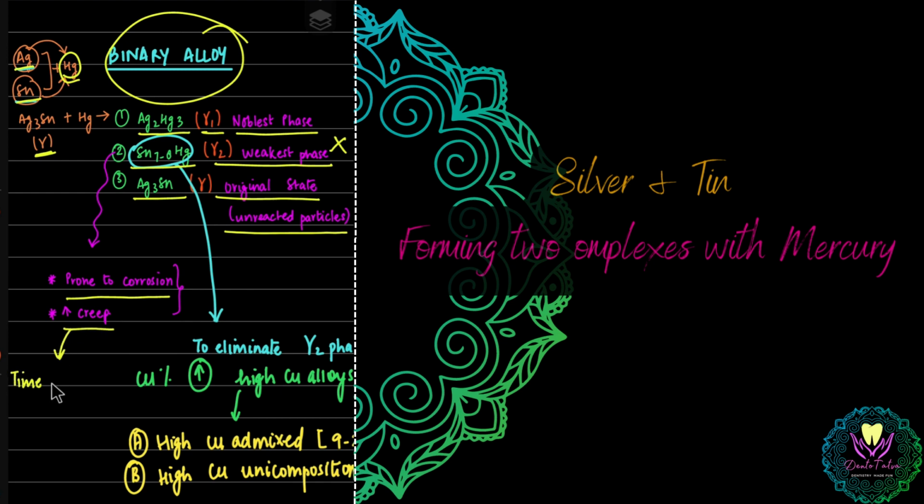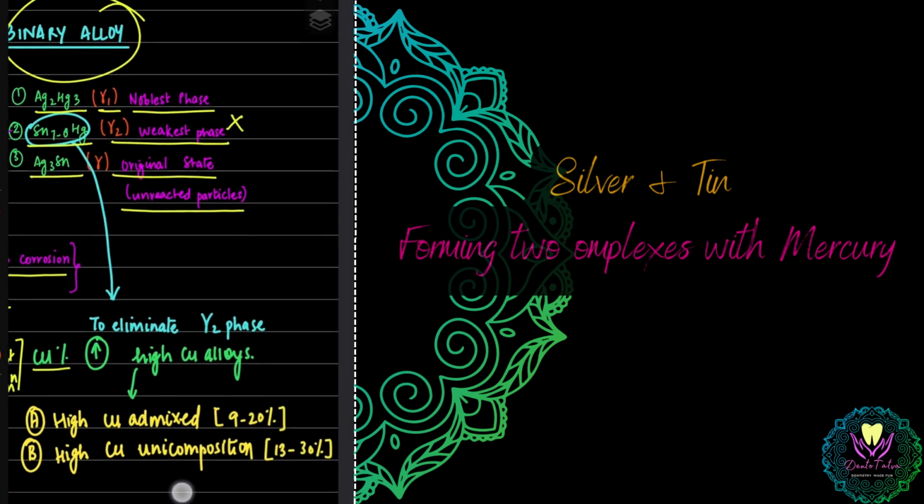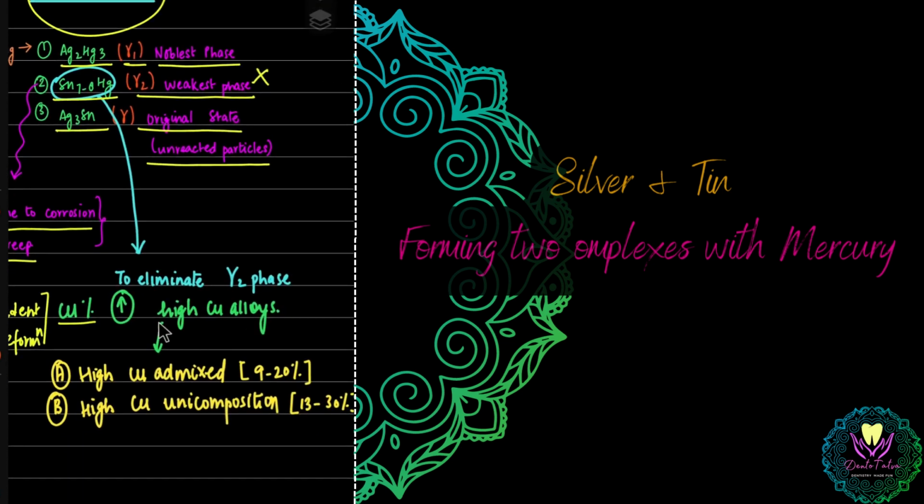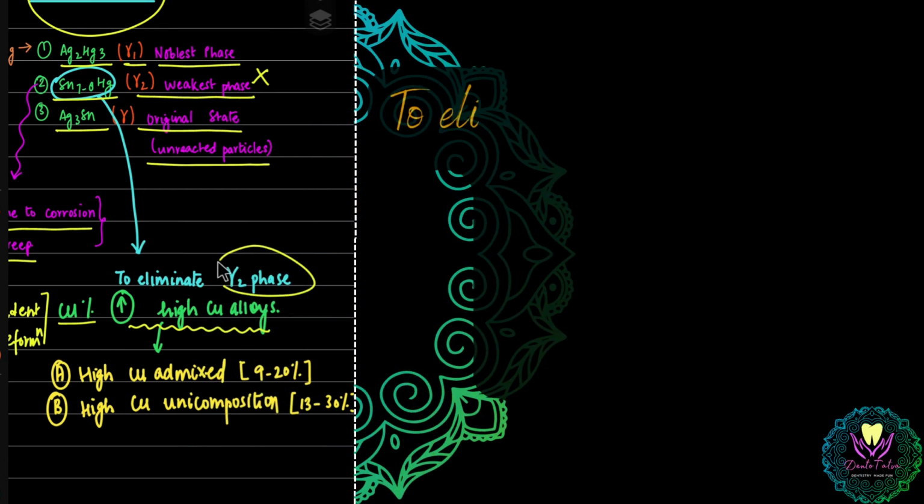So what I will do is, I will then increase the percentage of copper. This is where high copper alloy comes into action. High copper alloy can either be admixed, wherein a mixture of various particle shapes is there, or unicomposition, wherein all of the particles are spherical.